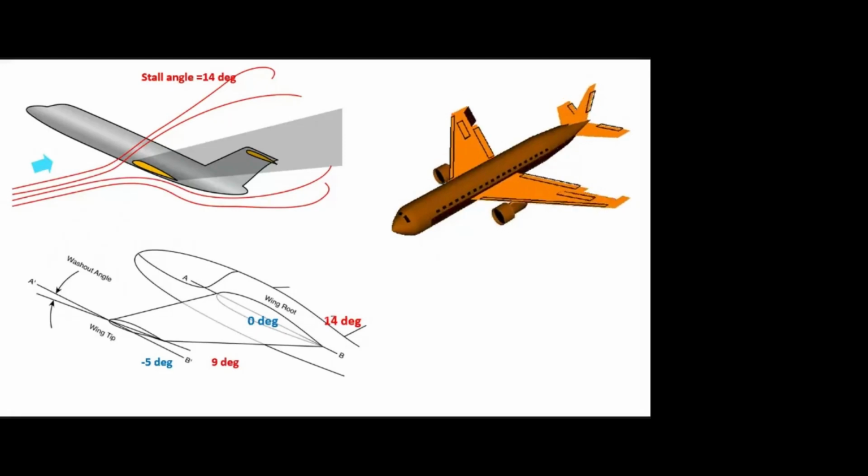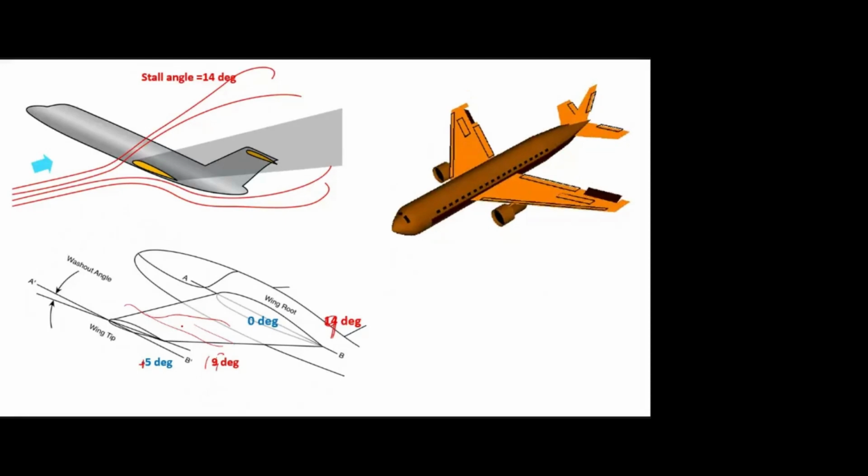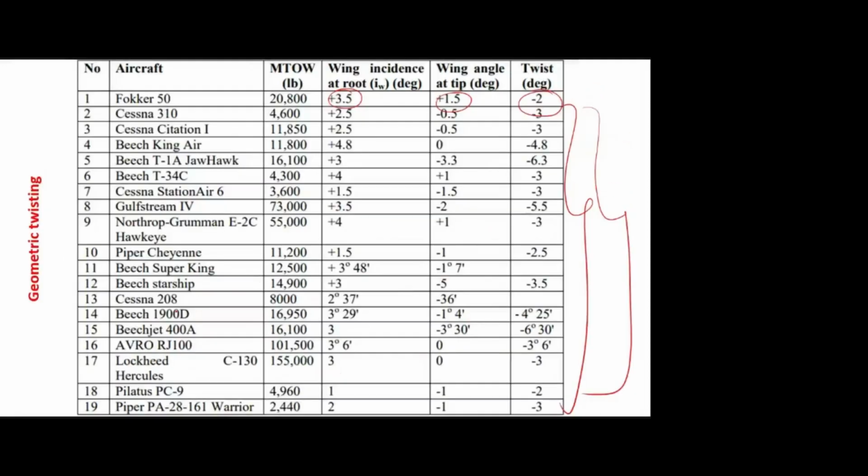Even if the flight is at 9 degrees, assume this is +5 degrees, then this will reach the stalling angle, so we cannot control the aircraft. So we cannot go for the washin, even though there is more lift near the tip. We have to go for the washout.